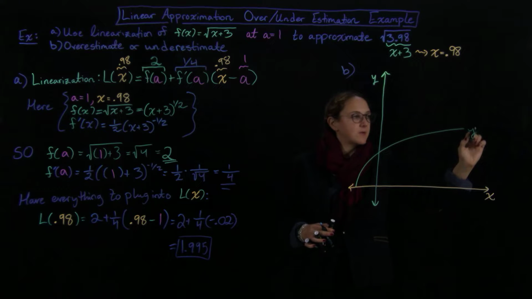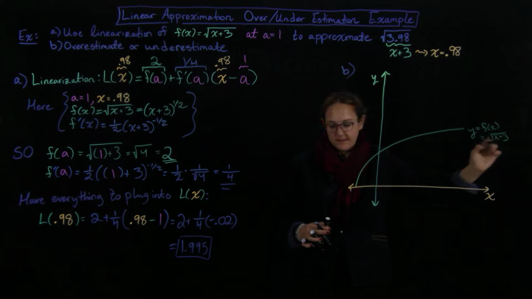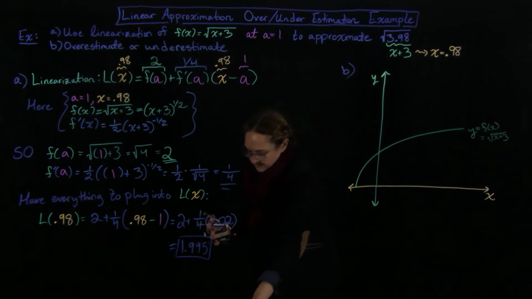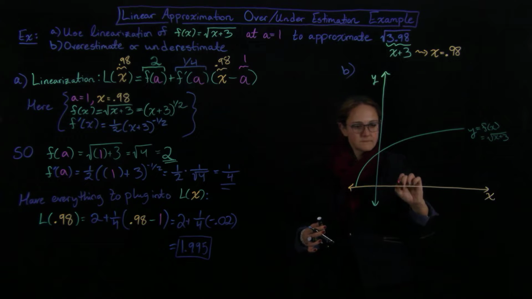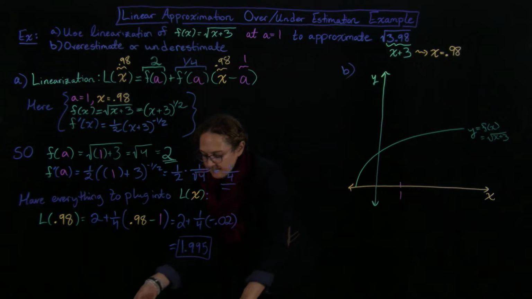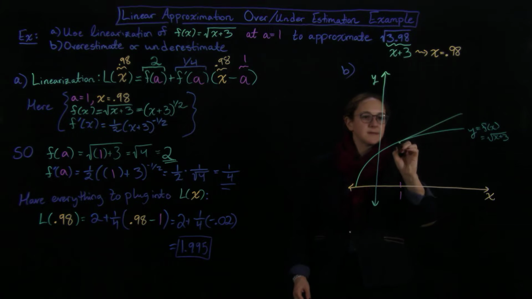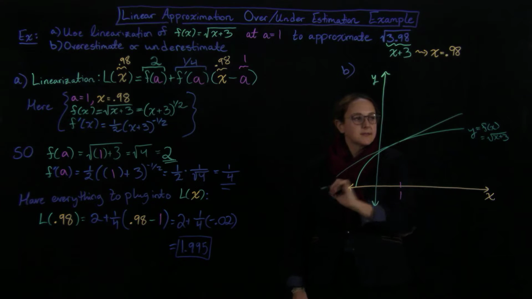So this is my y equals f of x equals the square root of x plus 3. And then I'm looking at 1. And if I was to draw the linearization there, what would happen? I would get something with the same kind of slope as this graph, so I'd get something like this.